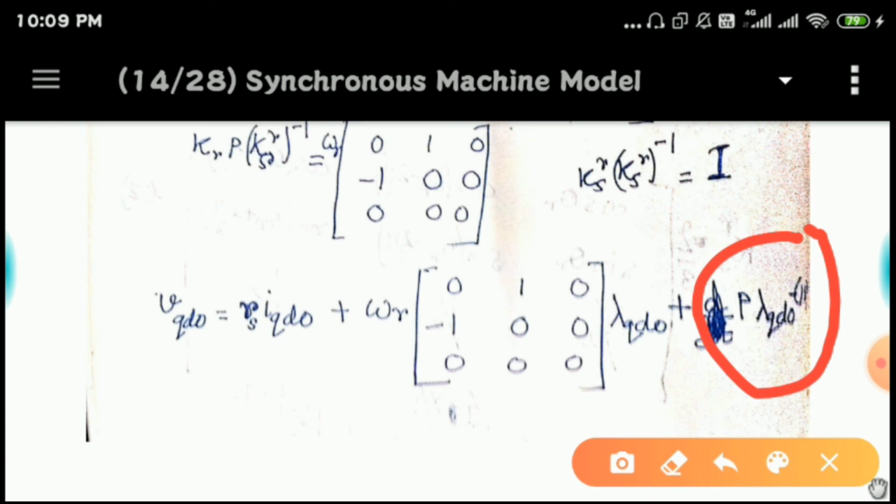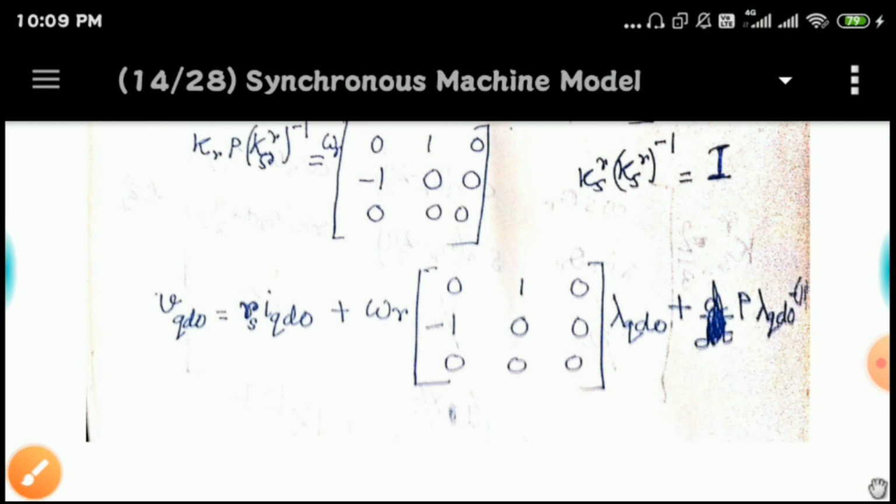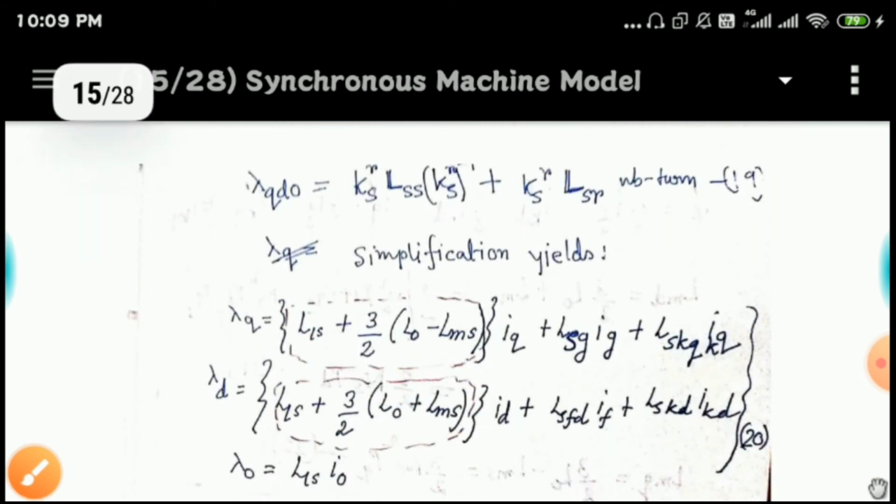Okay, now let us do some mathematical manipulation. Here we can write this lambda qd0, if we take only this lambda qd0, means actually I made a mistake here.